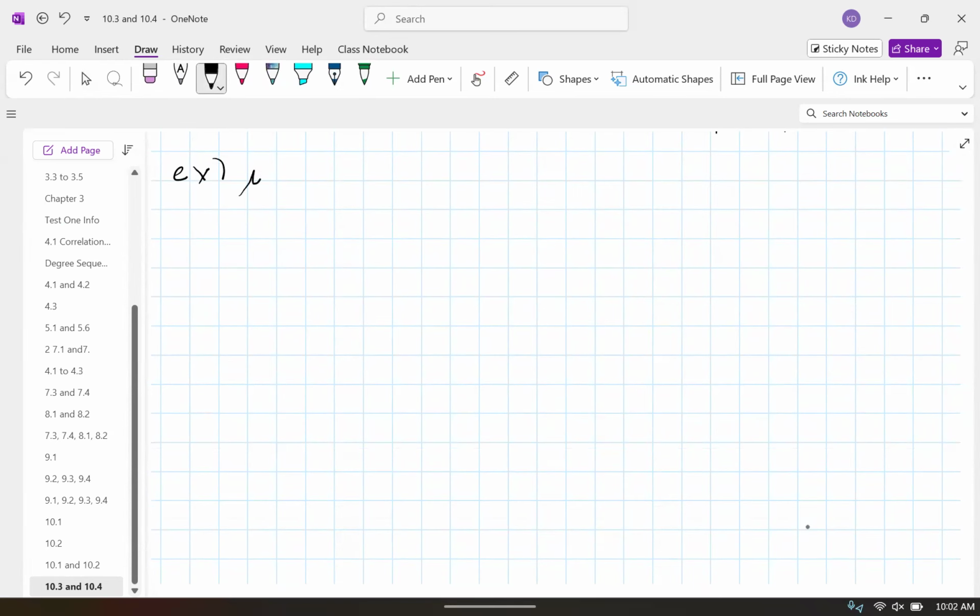So our population mean, not standard deviation, that is the next section, was 176.3 centimeters. Our sample mean is 180.1 centimeters.